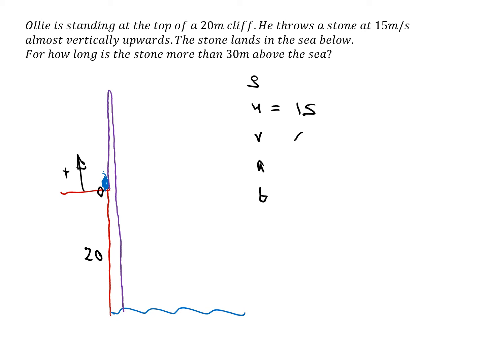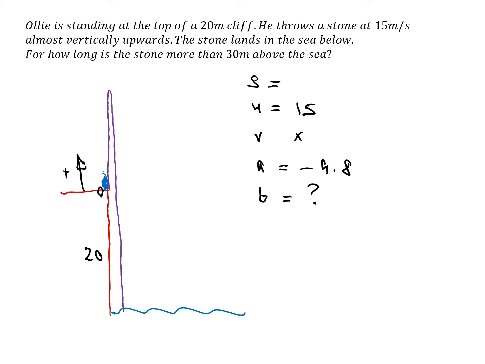I'm not interested in the final velocity. My acceleration, because I'm taking the upward direction as the positive direction, acceleration due to gravity is in the downward direction, so I use minus 9.8 for acceleration, and T is what I'm looking for.